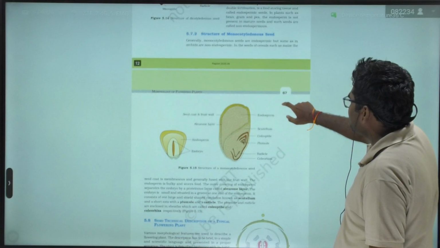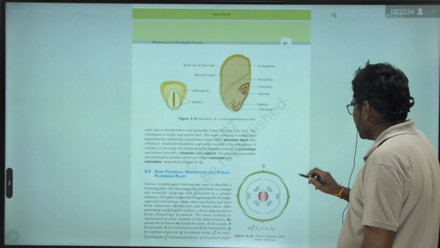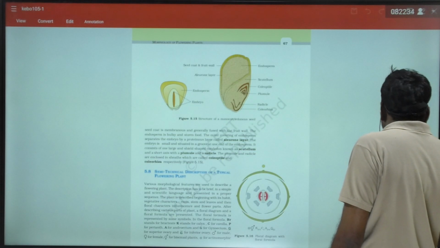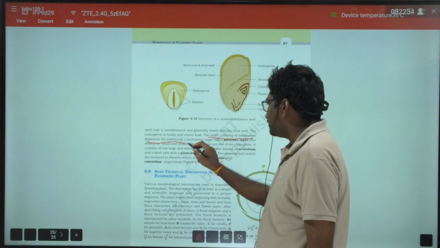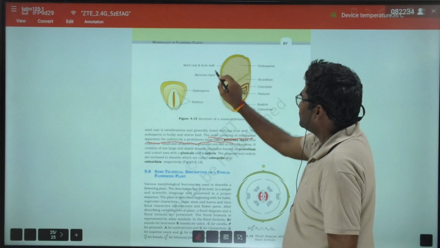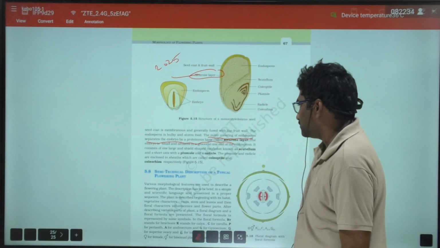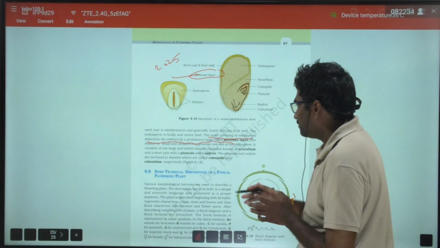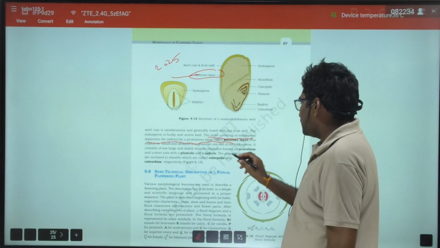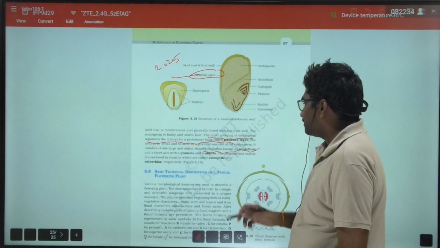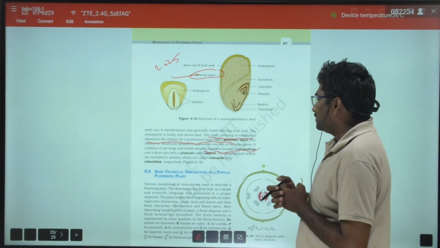In the seeds of cereals such as maize, the seed coat is membranous, generally fused with the fruit layer, and the outer covering of endosperm separates the embryo by a proteinaceous layer called the aleurone layer, and it is a 2025 NEET question. Here the cotyledon is known as the scutellum, and it has a plumule and radicle.